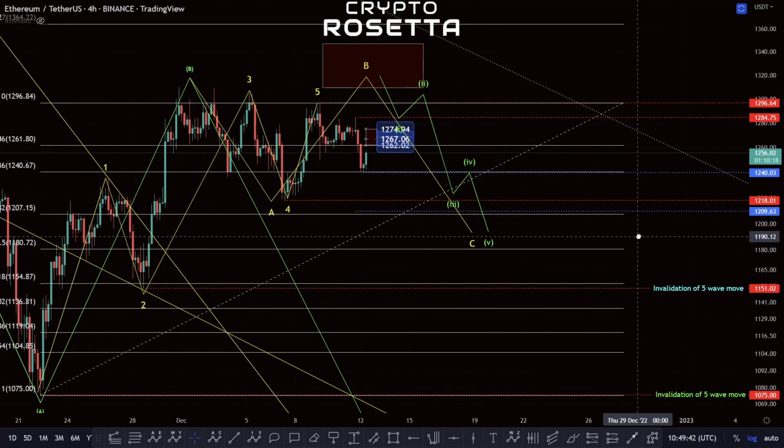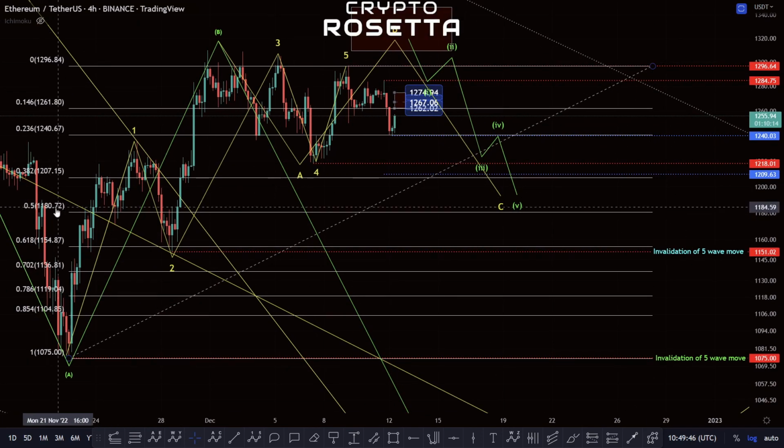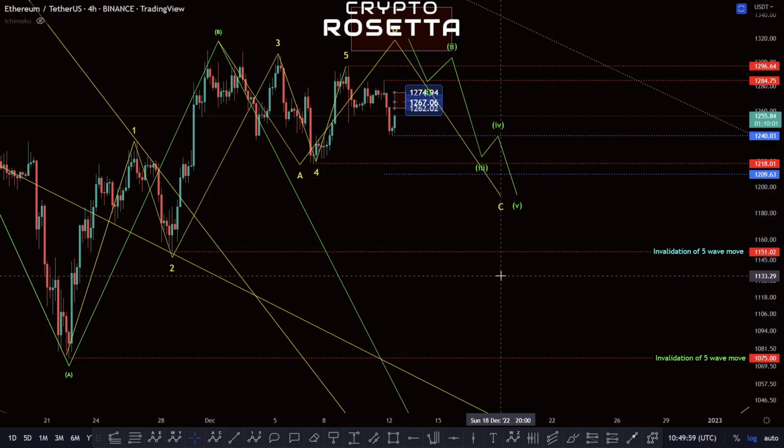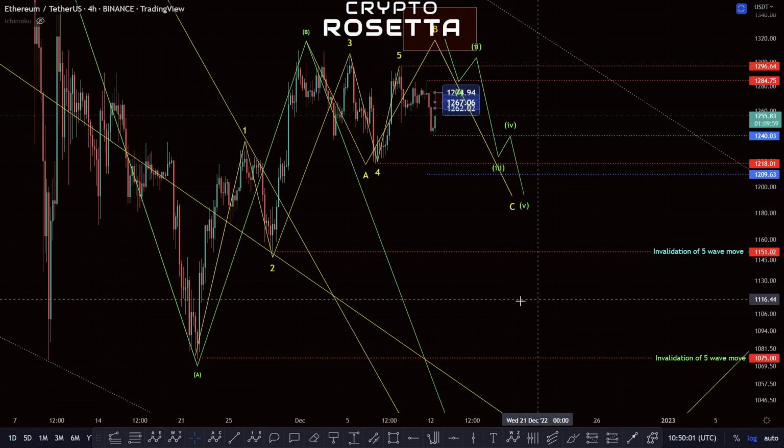So like I said, should we take out this low of 12.18, basically we'd be looking to target out towards this 11.80 or 1199, sorry, 1119 area, and then that could be a potential B wave.